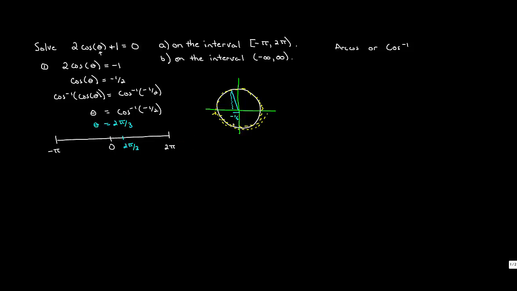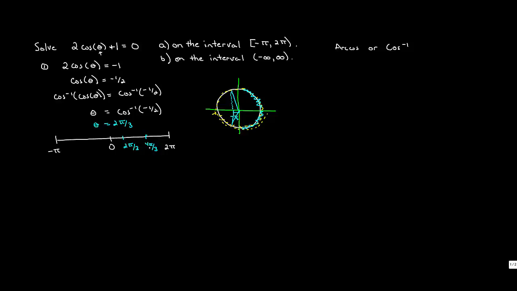Now let's look at the other angles that have a cosine value of -1/2. Over here, cosine is positive, so there are no answers on this part or on this part. They're all going to be over here. So clearly there's another angle down here with a cosine value of negative 1/2. 2 pi over 3, 3 pi over 3, it looks like it's going to be 4 pi over 3.